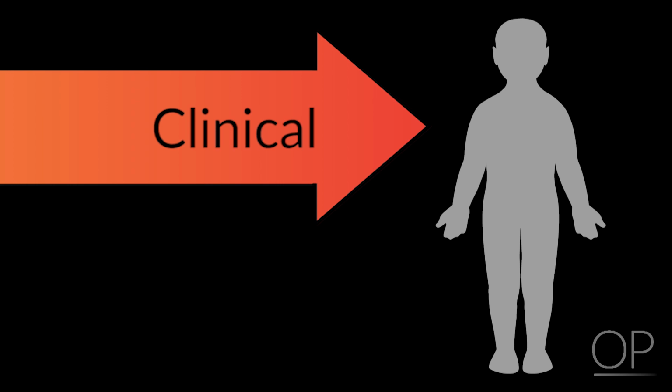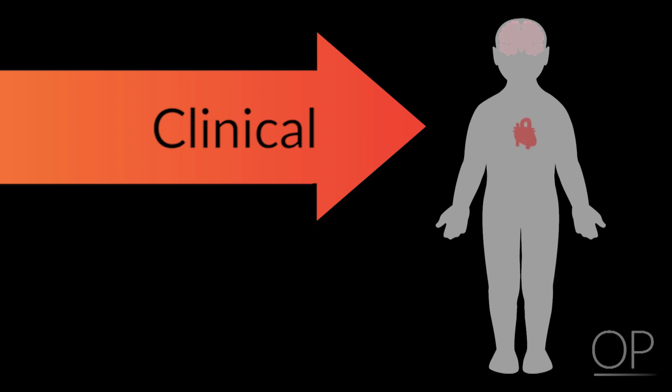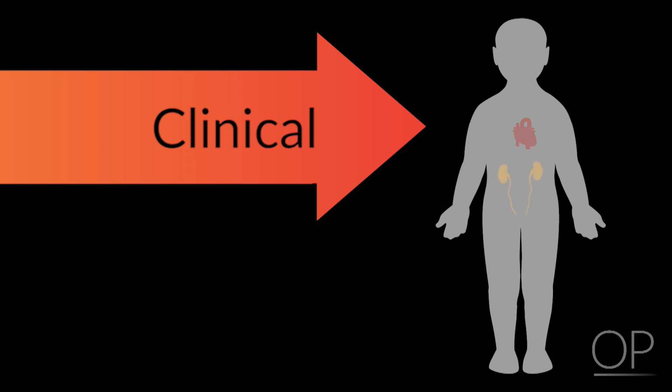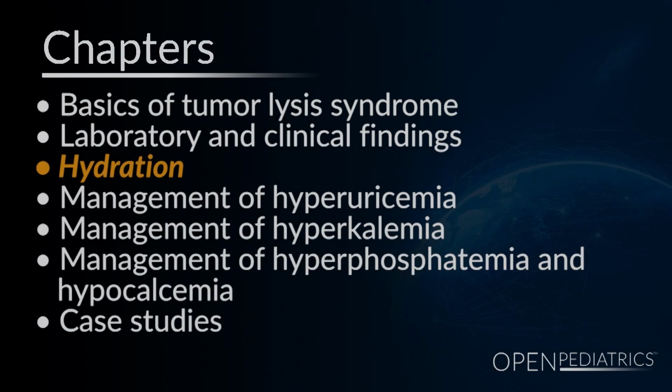So specifically, we can see from a neurologic standpoint, tetany and seizures secondary to the hypocalcemia. From a cardiac standpoint, as many of us keep thinking about hyperkalemia, you can have, unfortunately, cardiac arrest secondary to that. And finally, from a renal standpoint, from hyperuricemia and the elevated creatinine, we can get, unfortunately, renal failure.